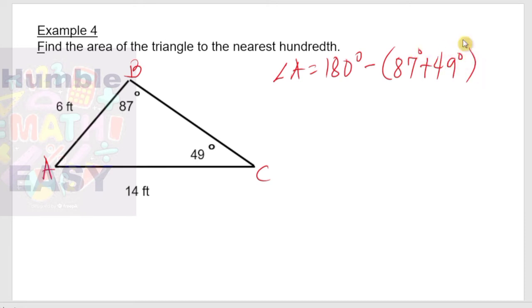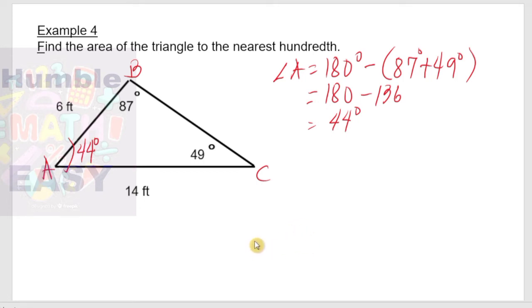So we have 180 minus 136 degrees, because 87 plus 49 is 136, and we now have 44 degrees as the angle A.